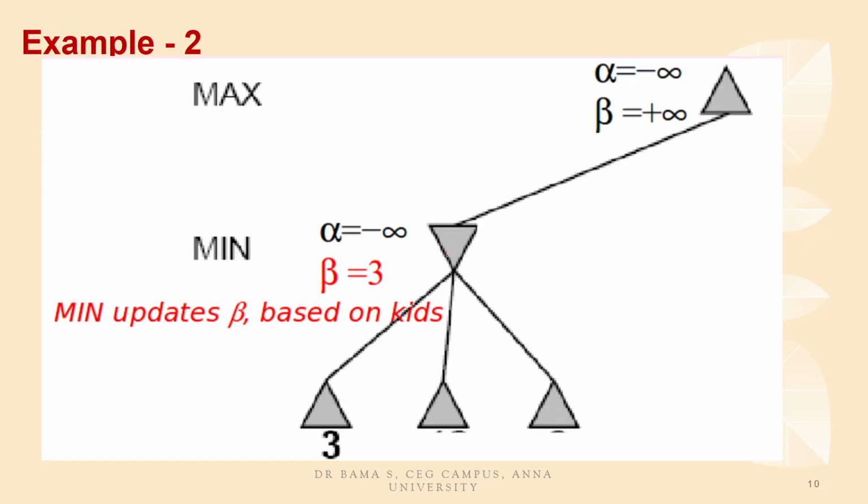Now, in the next level, this is a min node where initially alpha is minus infinity and beta is infinity. In the min node, minimum of 3 and infinity is 3, and the min node updates beta. So, this 3 will be the value for this node.